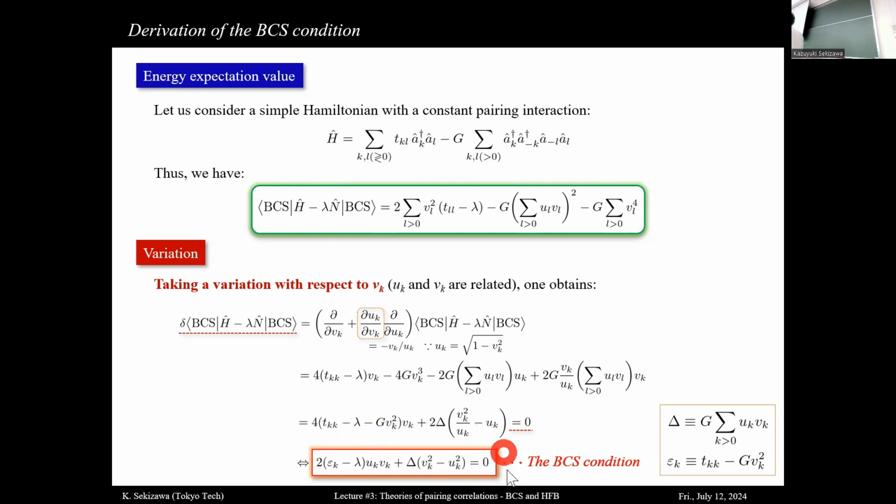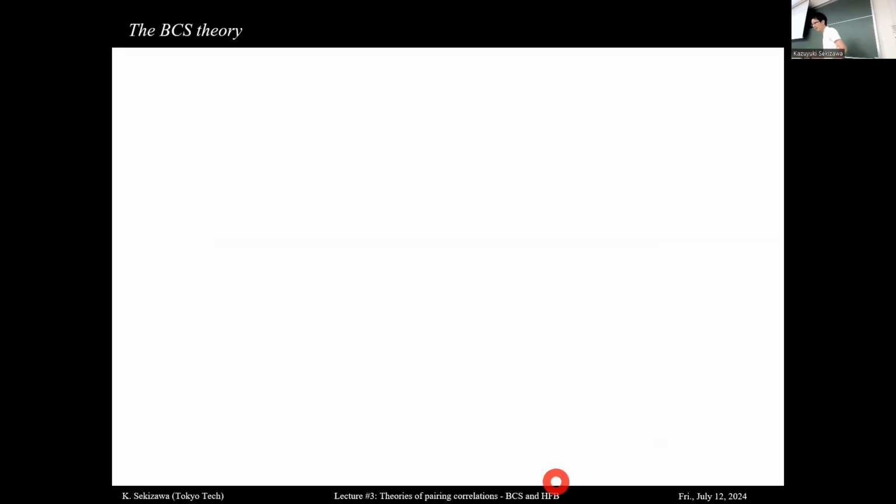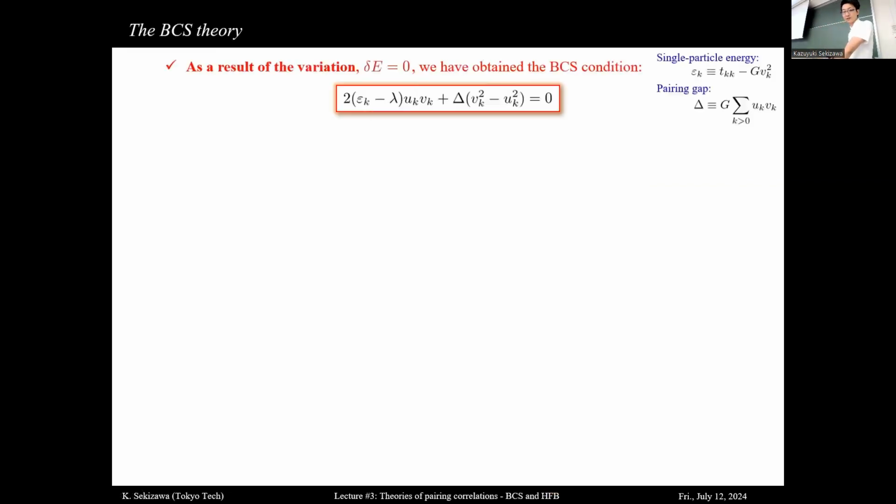So I just rewrite this equation in this form. Now we can get the BCS equation. As I explained, this is the result of variation, the so-called BCS condition, which determines the BCS amplitudes UK and VK.